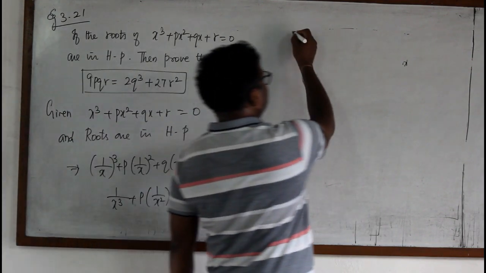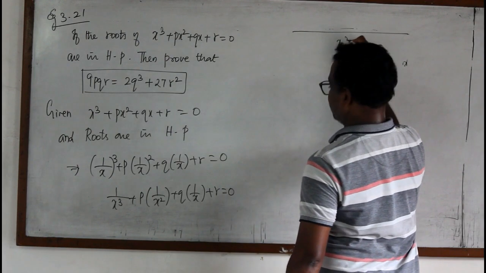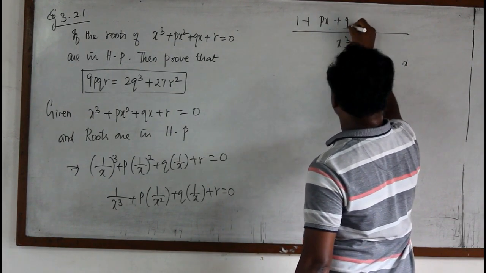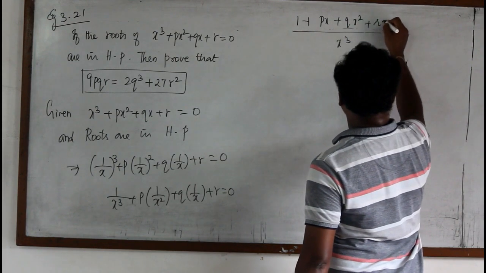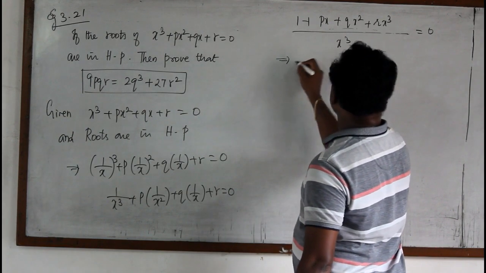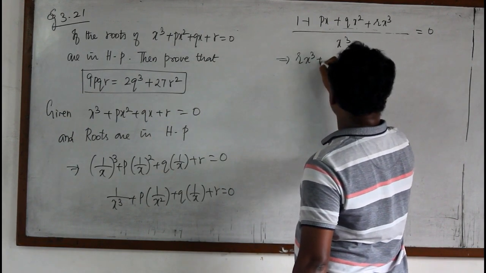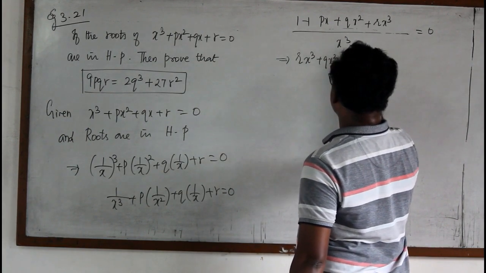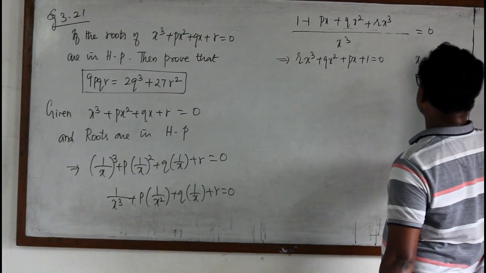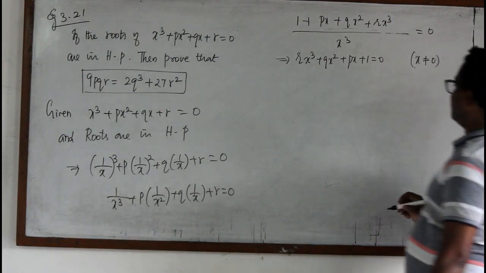If I take x cube as LCM, then it is 1 plus px plus qx square plus rx cube equal to 0. Then I can write this as rx cube plus qx square plus px plus 1 equal to 0, where x is not equal to 0.